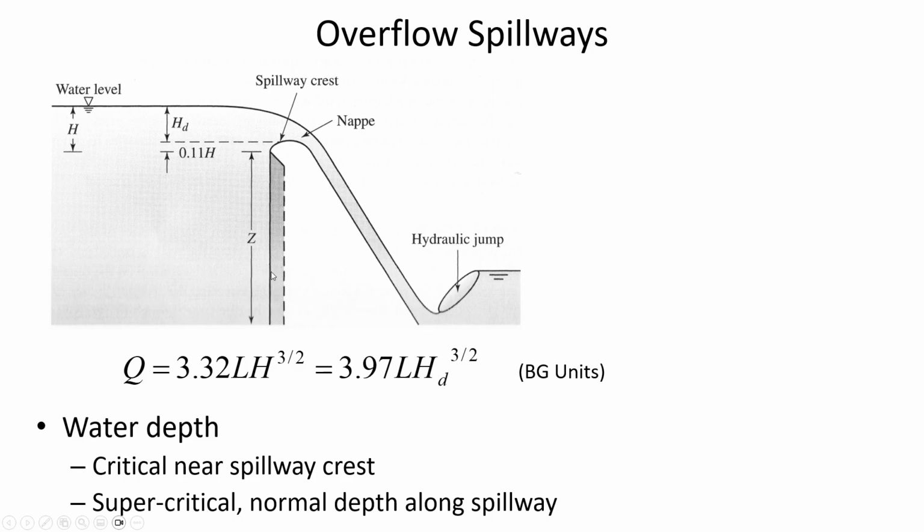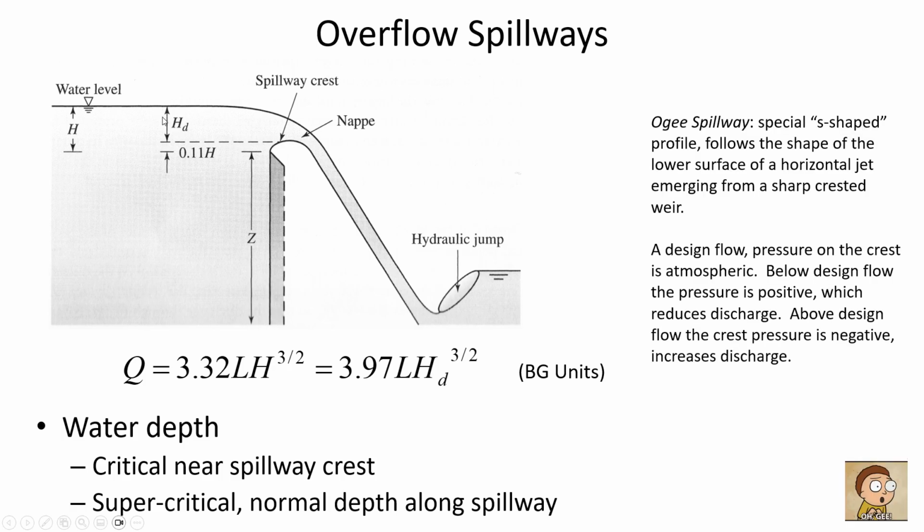And so we can either express the flow rate over this spillway as the relationship between the hypothetical sharp-crested weir or the actual OG spillway and the applicable discharge coefficient for that, and then the elevation above the top of the spillway crest to the water level versus where capital H here is from the hypothetical sharp-crested weir. H sub D is the height of the actual physical water elevation above the spillway crest to the water upstream.